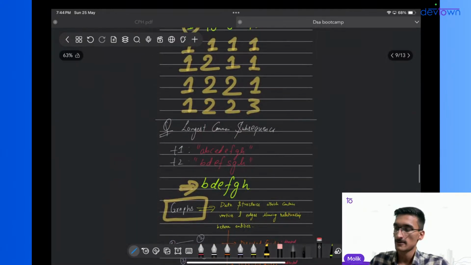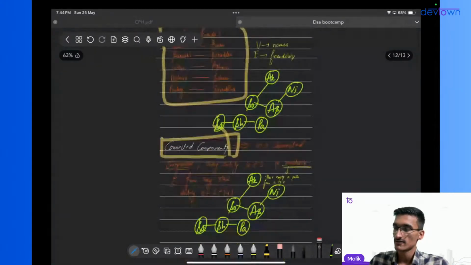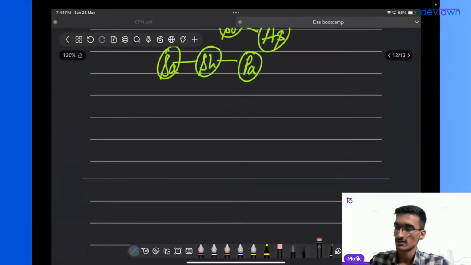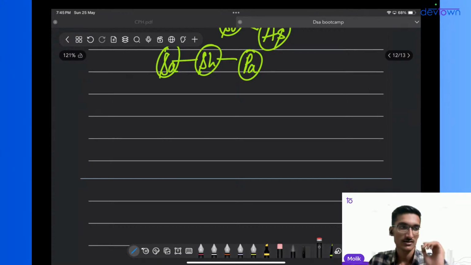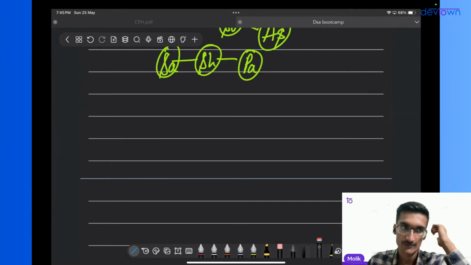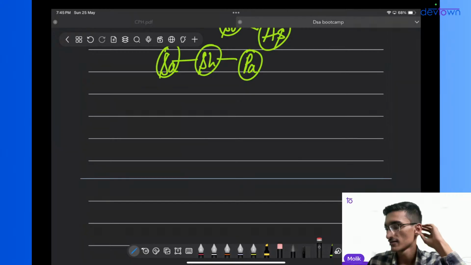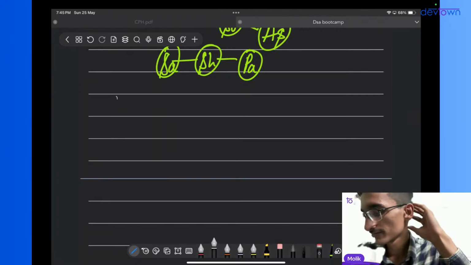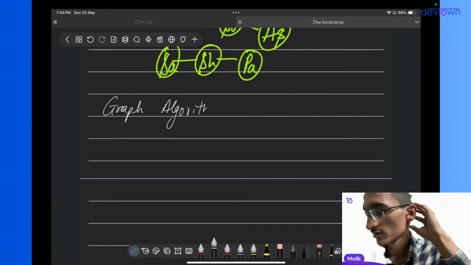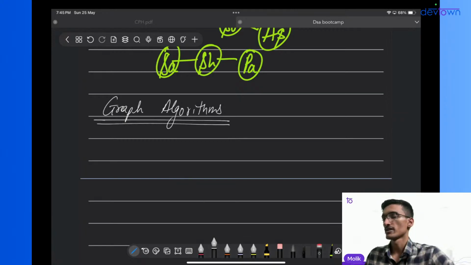Okay, so we have actually talked a lot about the theory part. Let's just jump onto some graph algorithms. We'll be talking about many graph algorithms.